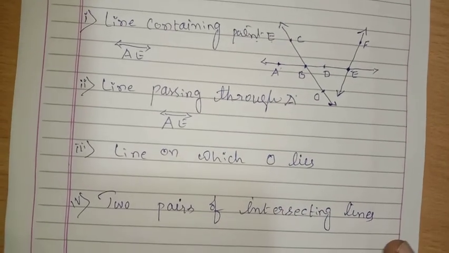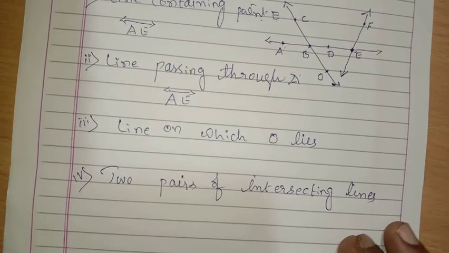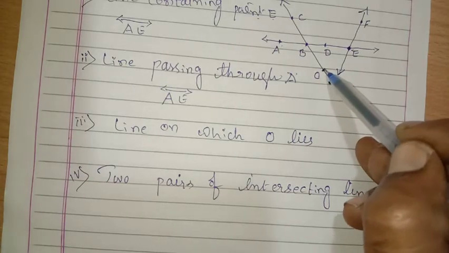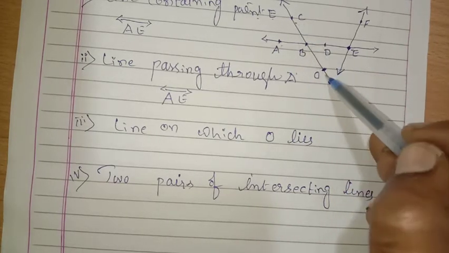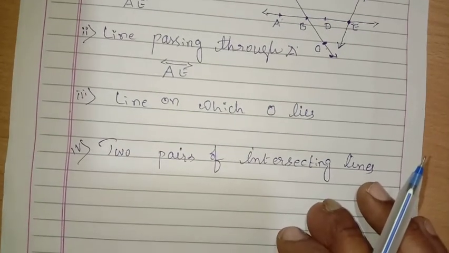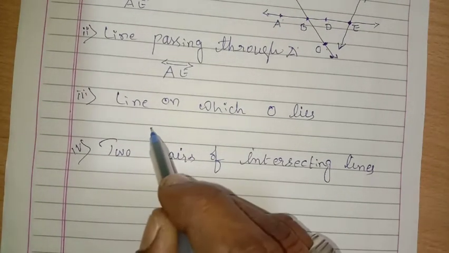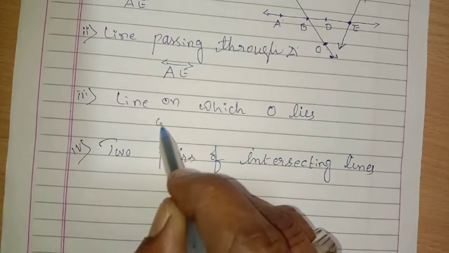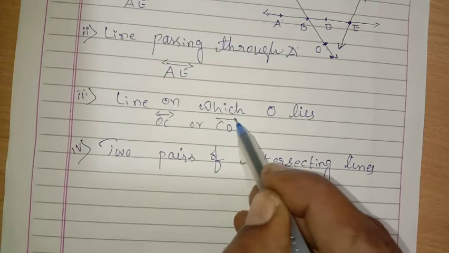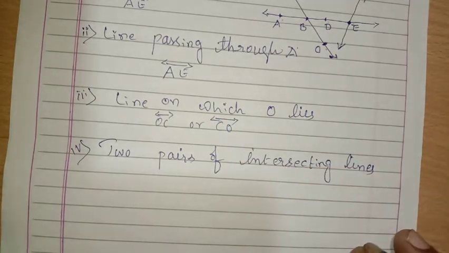And then third, line on which O lies. O lies means this one is O. As CO or OC, both are the same. This line is passing through O. So that means line OC or line CO. These are the same line.